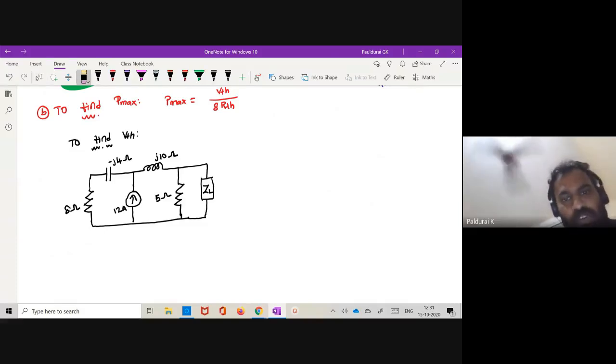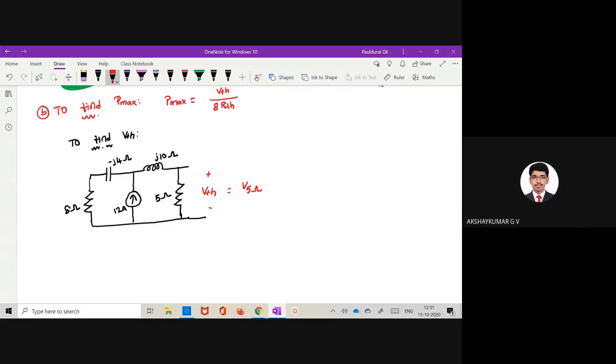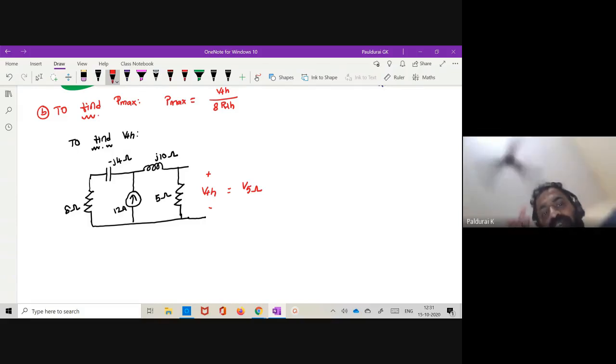So let me open this load. The load is opened. Now what is VTH? This is my VTH, plus minus. Therefore VTH is the voltage across this 5 ohm resistor. This time you can use the current division rule.